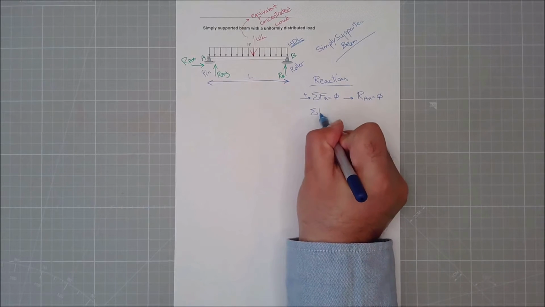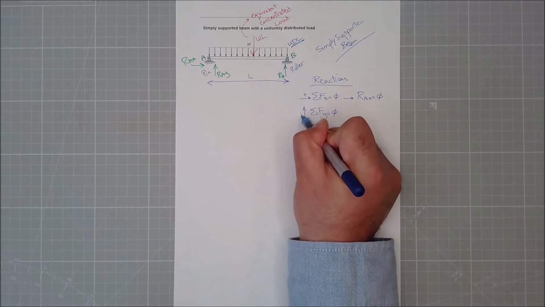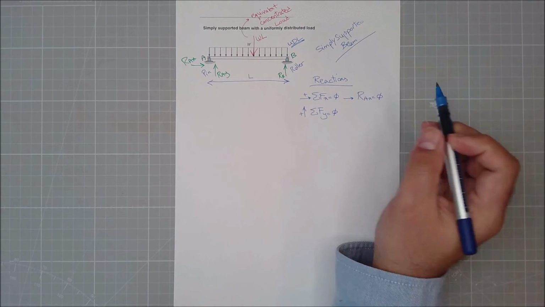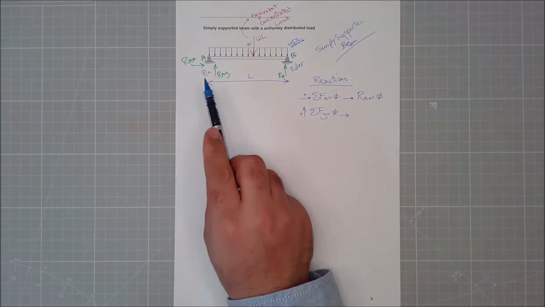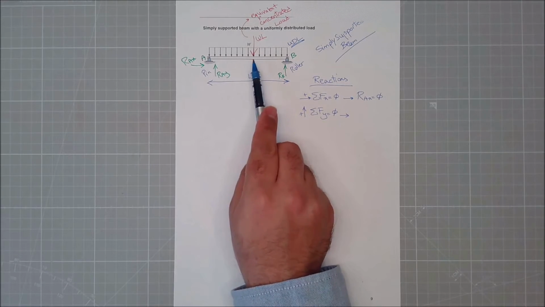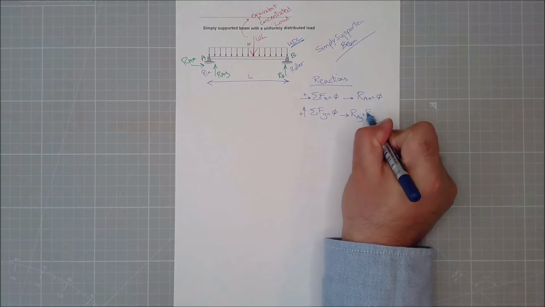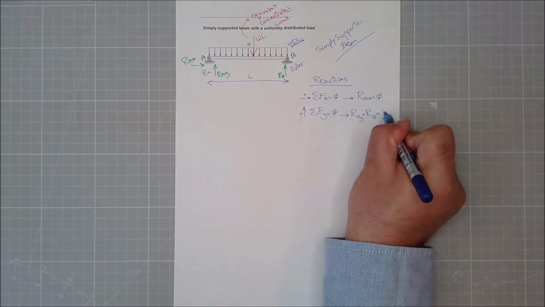Summation of all forces in y direction equals 0, and I consider this direction as positive. That concludes that this guy plus this guy equals this equivalent force. So RAY plus RB equals WL.